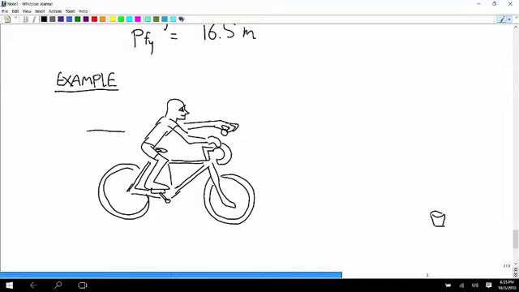And you're riding your bike 5 meters per second this way. And you want to know, you're holding this ball exactly 1 meter above the ground. Oh, and the cup has a height of 0.15 meters.